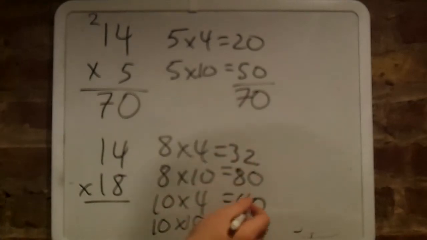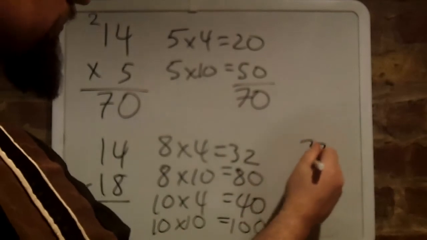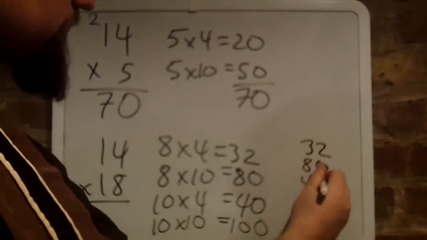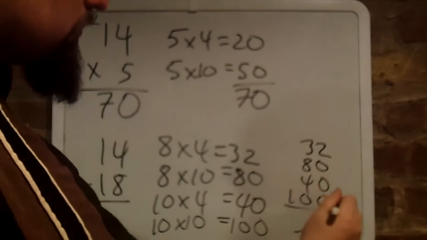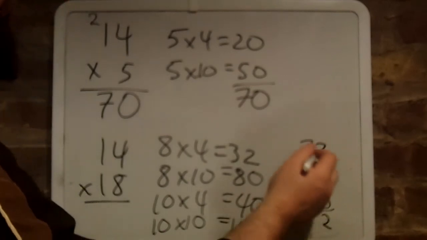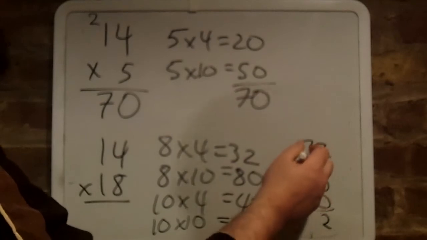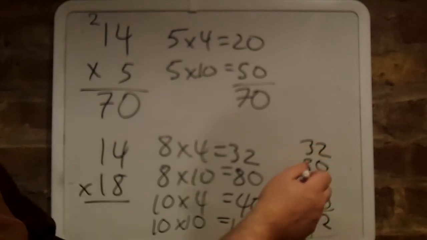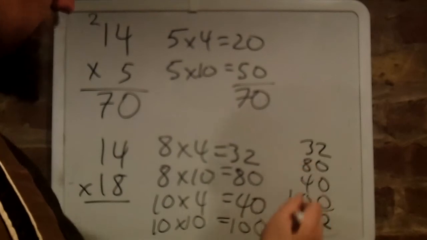Adding those all together, I suppose, give myself enough room. 2 and 2 plus 0 plus 0 plus 0 is 2. Okay. 8 and 4 is 12. 12 and 3 is 15. Carry the 1.